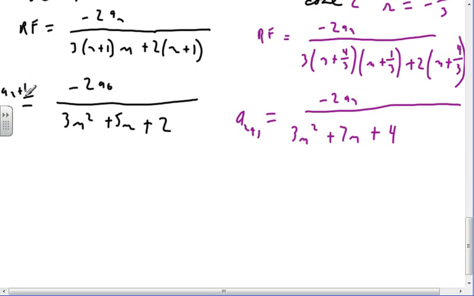a_{n+1}. Okay, so a0 is arbitrary. a1 is minus 2a0 divided by 2, minus a0.